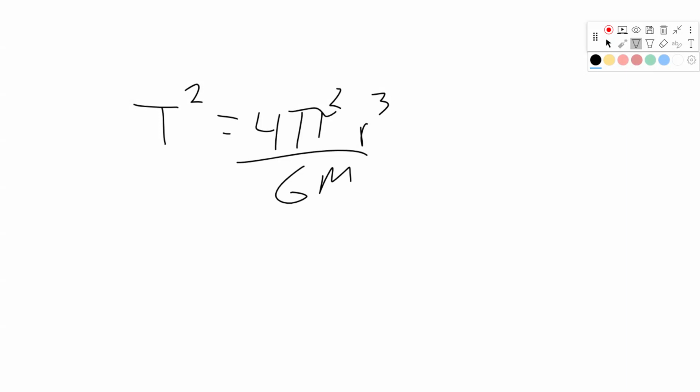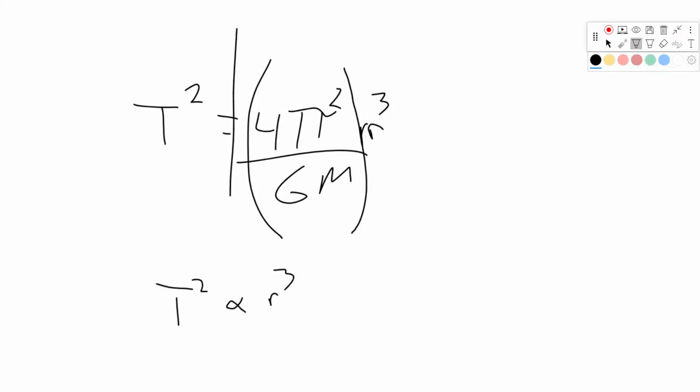And if we simply put a parenthesis around this portion, leaving the r on the outside, you'll notice there's some similarities between this and Kepler's third law, correct? So this little piece, the piece that makes them proportional here, is our proportionality constant. We've just solved for it. 4 pi squared over gravitational constant times the mass of the sun.